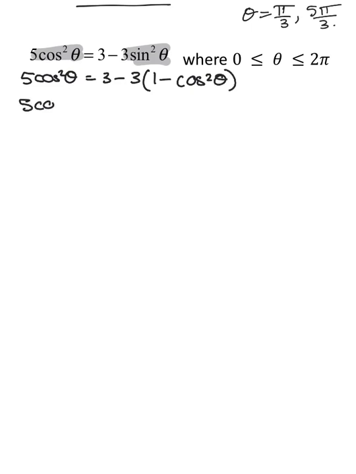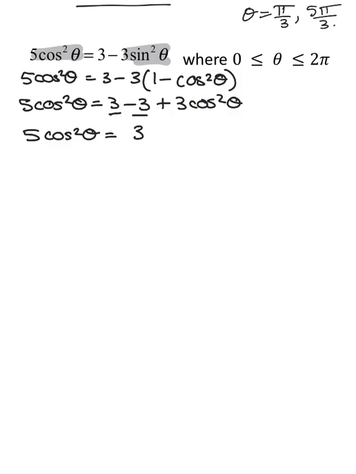So expanding, plus 3 cos squared theta. Now I have an equation with only one variable. I've only got cos, so now I can solve and find what theta is. Now 3 minus 3 is 0, so I've got 5 cos squared theta equals 3 cos squared theta.